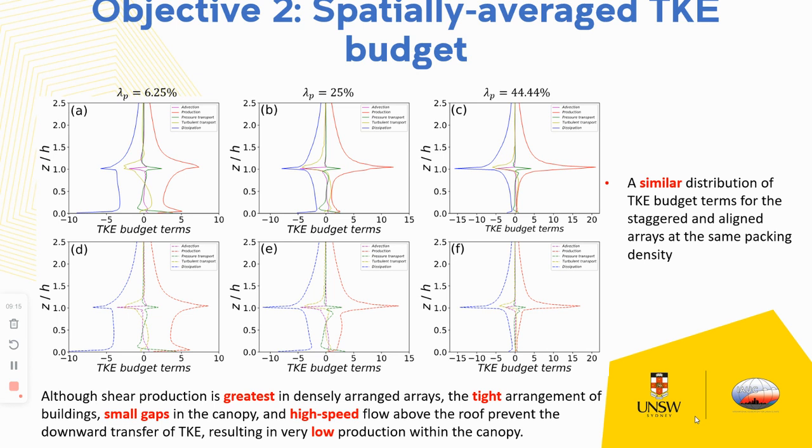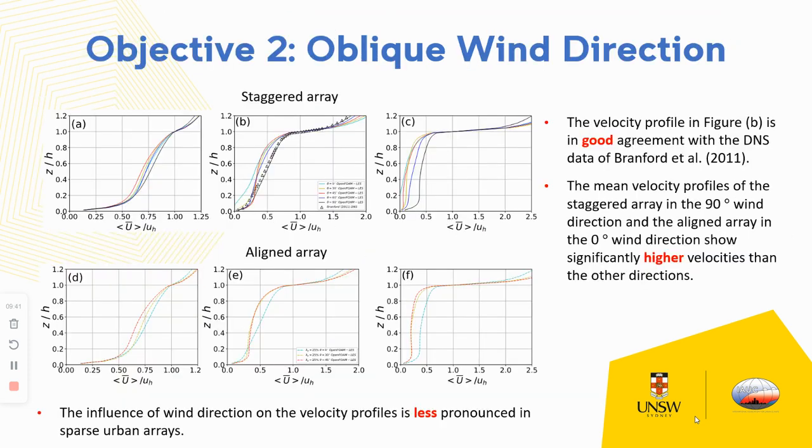That's very important, which means if you have pollutant inside this kind of large city, high packing density city, the pollutant will stay stable and be stored inside the urban canopy. It cannot move out because it has a very large shear layer and strong production about the height of the urban canopy, which makes the air pollutant stay stored inside the urban canopy.